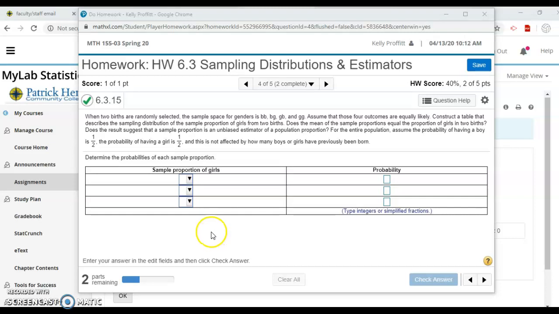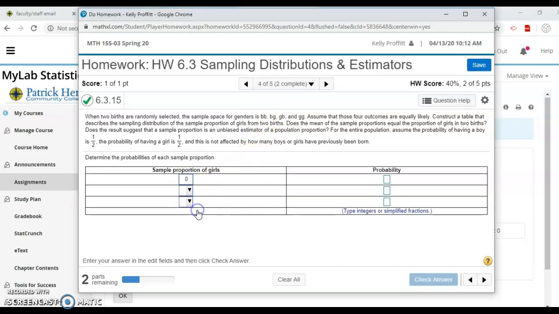Okay, so they first want you to determine the probabilities of each sample proportion. So the sample space is here. It's these 4 situations for 2 births. So if you look at this first scenario, you've got a boy and a boy. So what's the percentage or proportion of girls if you have 2 boys?